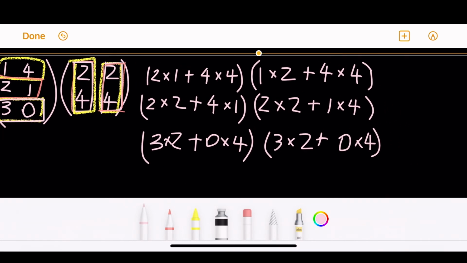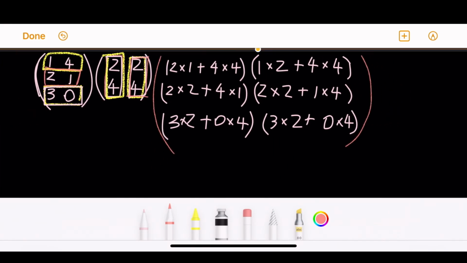Alright, and now comes the last step, simplification of this whole bunch of matrix. That would give us 2 times 1 is 2, 2 plus 16 is 18. And then the second one is 1 times 2, 2, and then plus 16 is 18 again.